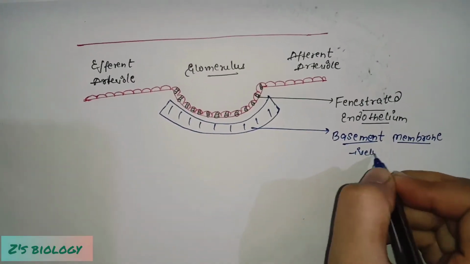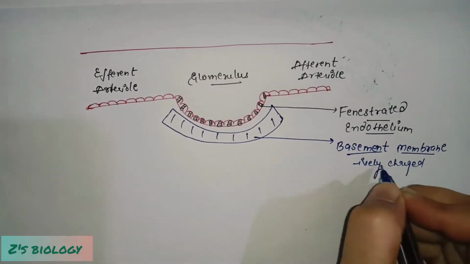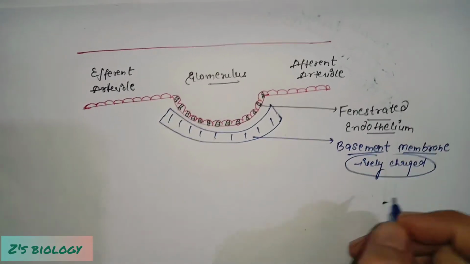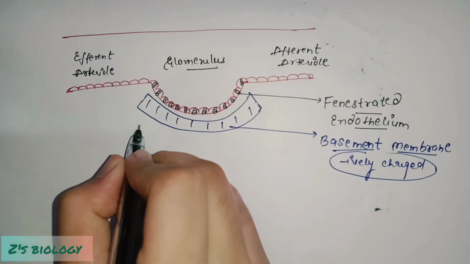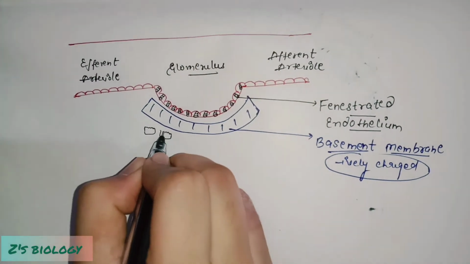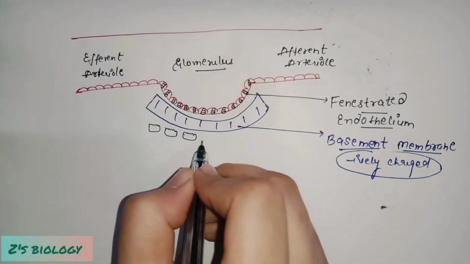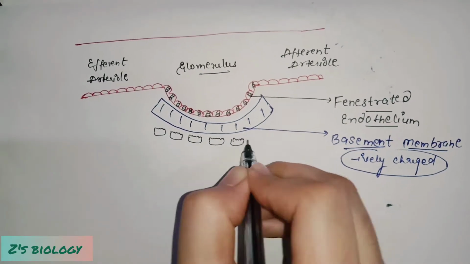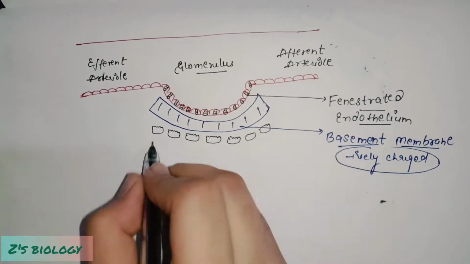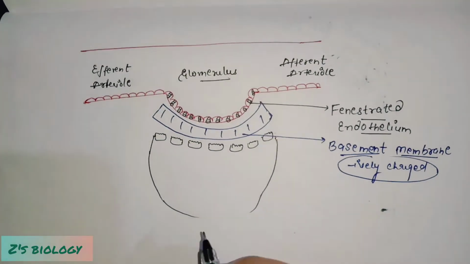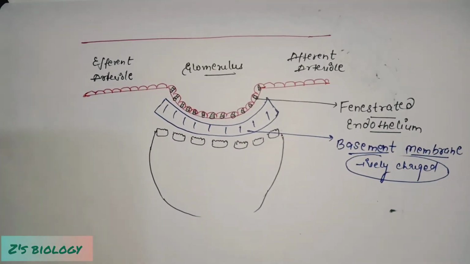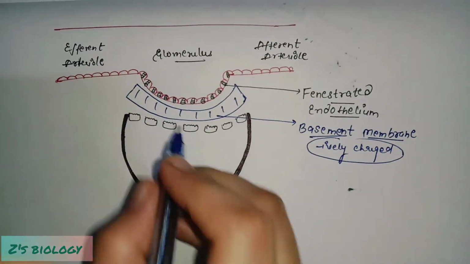And lastly, the visceral layer of Bowman's capsule, which is formed by the podocytes or the pedicle like epithelial cells. All these three together are known as the filtering membrane of the nephron: the glomerular capillary membrane, basement membrane, and visceral layer of Bowman's capsule. I hope now it is clear, guys.